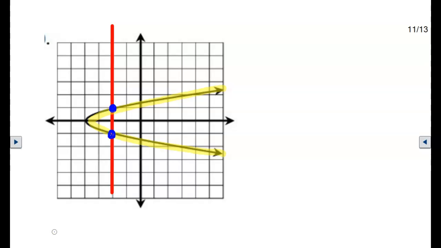So two different places. Remember what we're allowed. Each vertical line is only allowed to touch one point. This vertical line has touched two. So this would fail the vertical line test. So no, this is not a function.